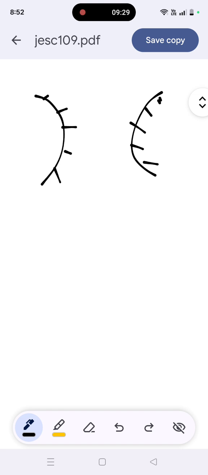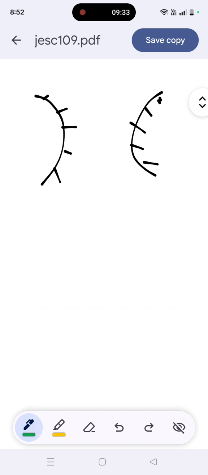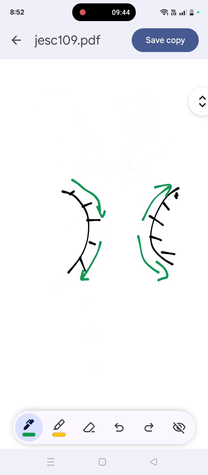So you know this part. Now I'll use a different color. This size of the mirror is called the aperture. This is the aperture of the mirror.